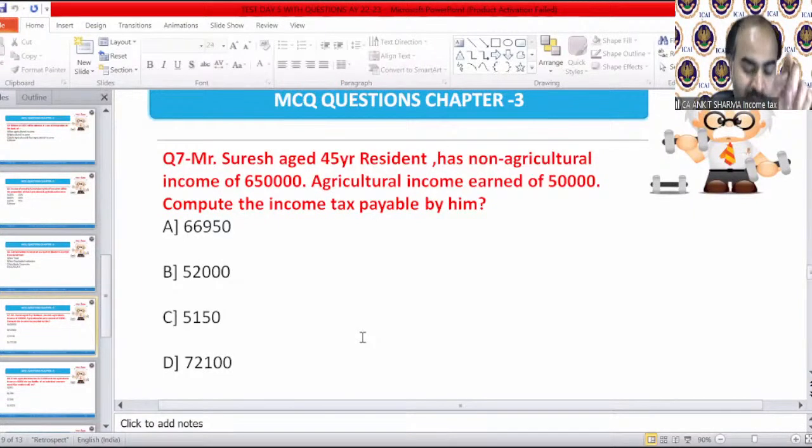I am waiting for the answer of question number 7. Let me see who can answer that question. This is a question you need to solve. Let's see who is the first one to answer correctly. And whenever we ask for tax calculation, that means final tax calculation.